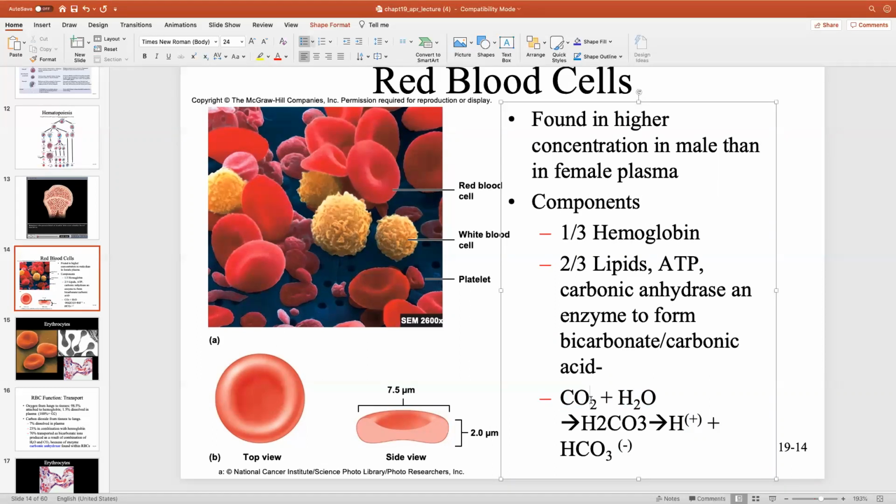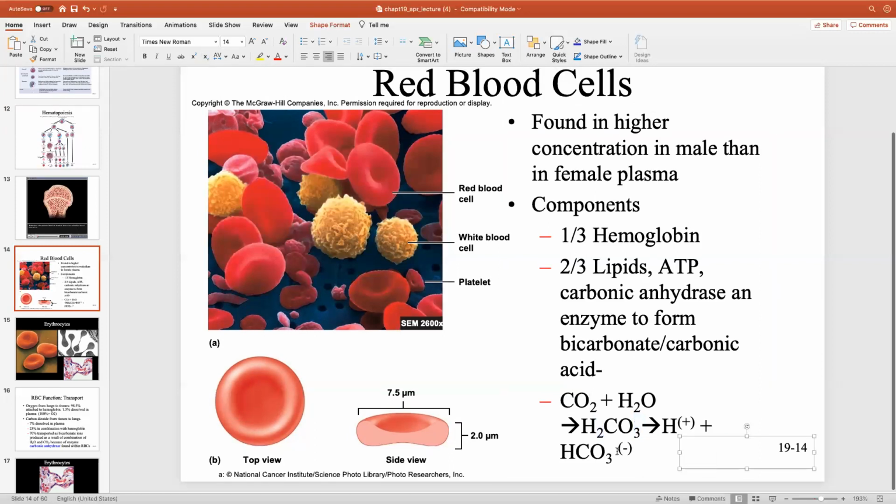That carbon dioxide needs to be carried from your tissues that are actively producing it, so we can exhale it. How do we get rid of that waste carbon dioxide? Well, we add it with water, another byproduct of aerobic respiration, and we turn it into something very useful: carbonic acid, which then dissociates to bicarbonate.